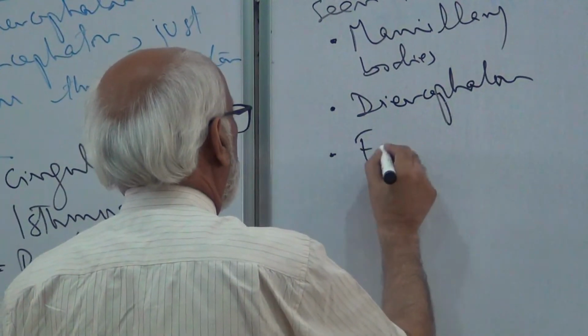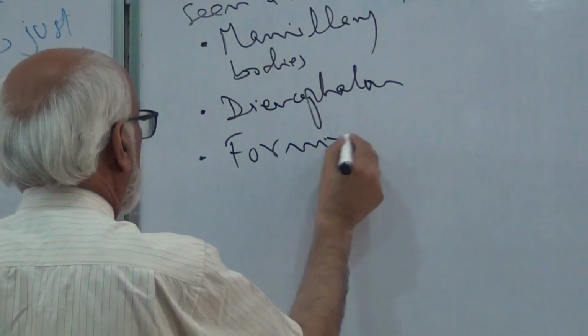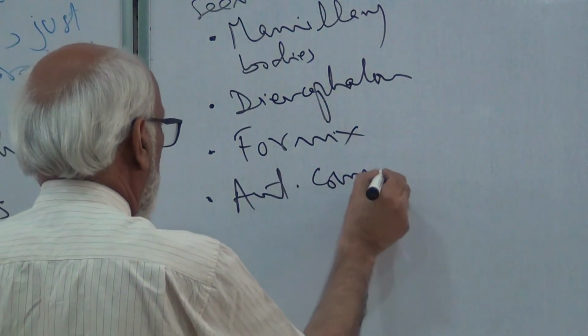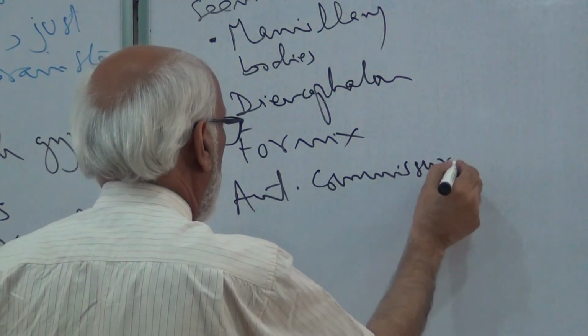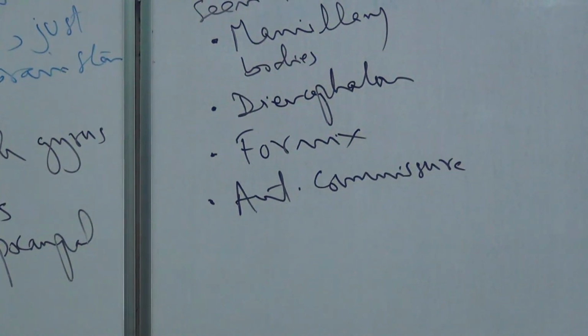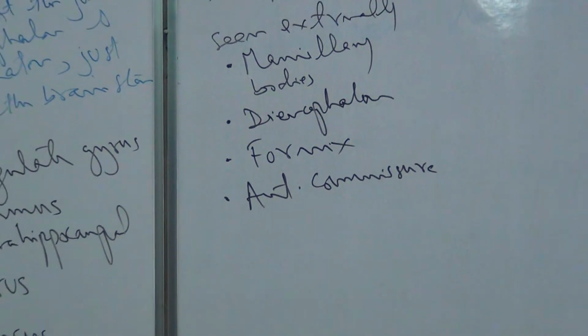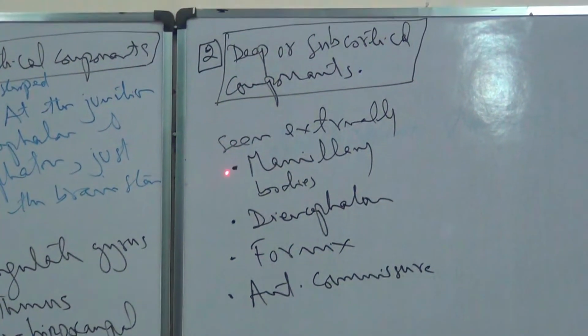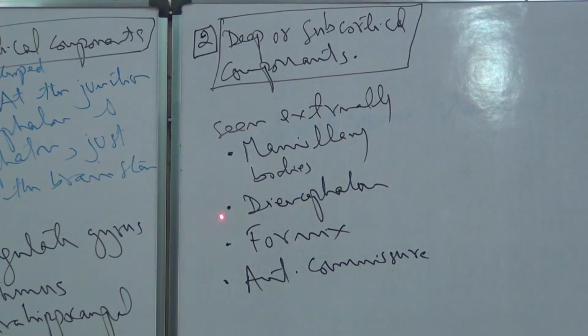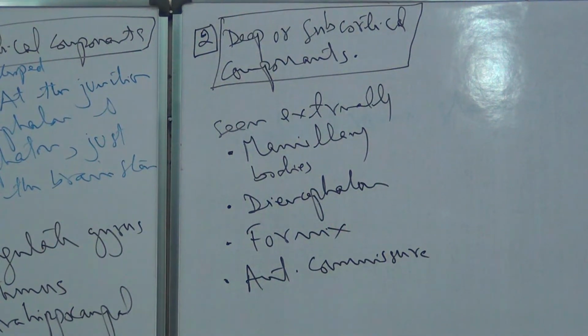Then you can see the fornix, then the anterior commissure. So these are a few parts of the subcortical component or deep part which can be seen.